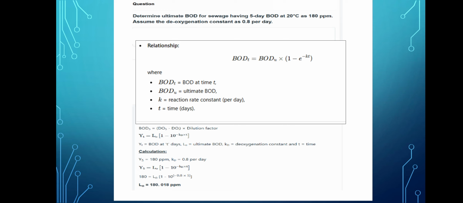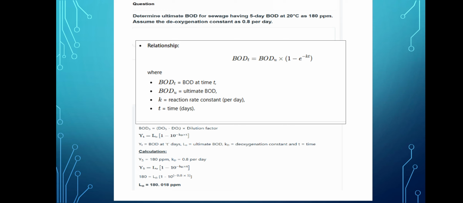What parameters are given? We need to deduce BODU. BODT is given as BOD5, and the K value is given.